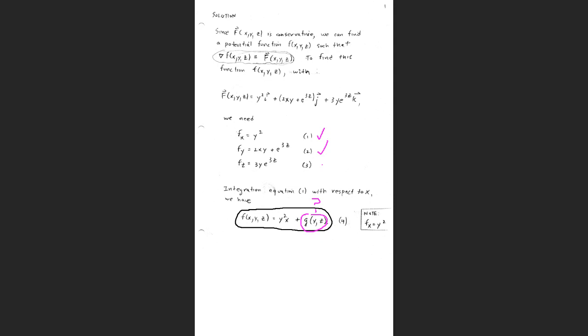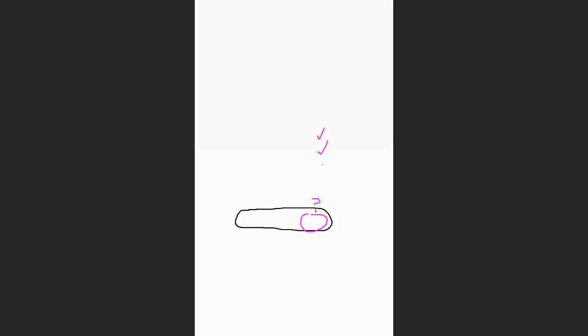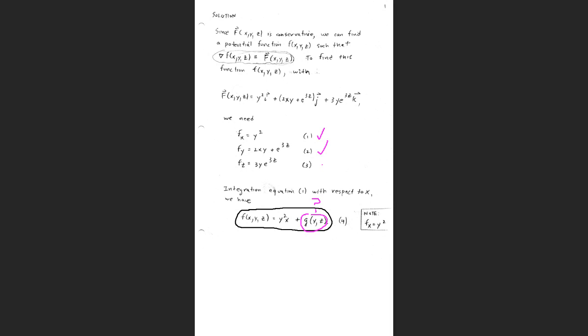The second equation is the partial derivative of f with respect to y, and it equals 2xy plus e to the 3z. What we can do is take our potential function f and differentiate it with respect to y, and then compare that to the second equation.